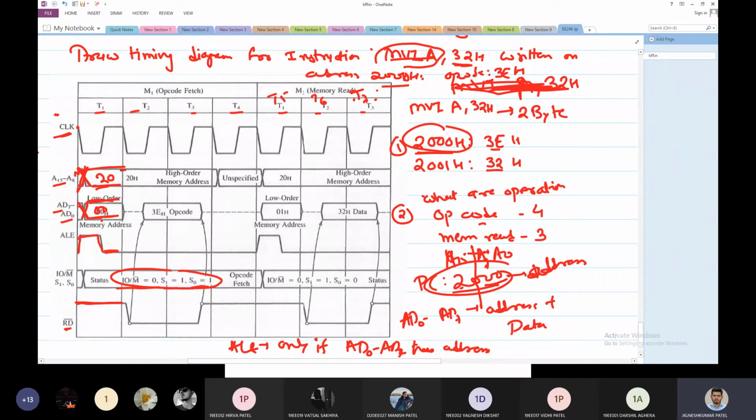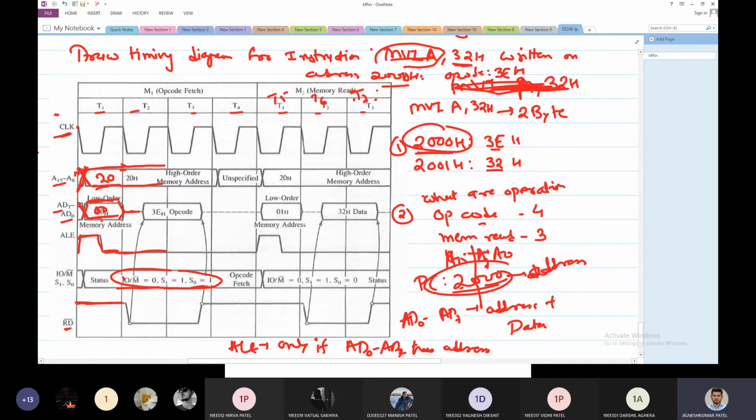Now once this stage is complete, I will move to the next stage. On the next stage, there is no change of data on the higher order address bus, but on the lower order address bus, I will remove the address. So the lower order address bus is free now. Then there is no ALE, because no address is on AD0 to AD7.